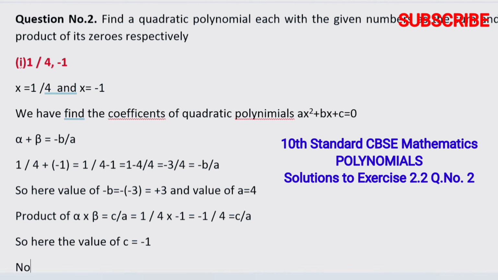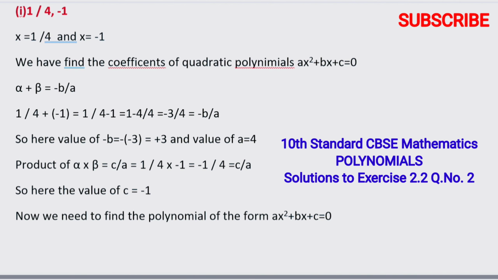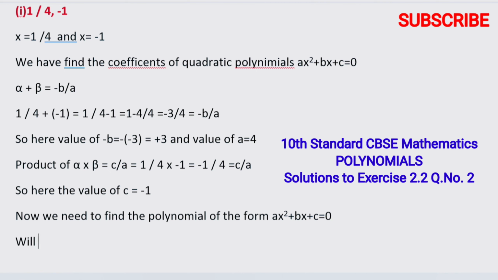Now we need to find the polynomial of the form ax square plus bx plus c. So now we will put the values of a, b and c.